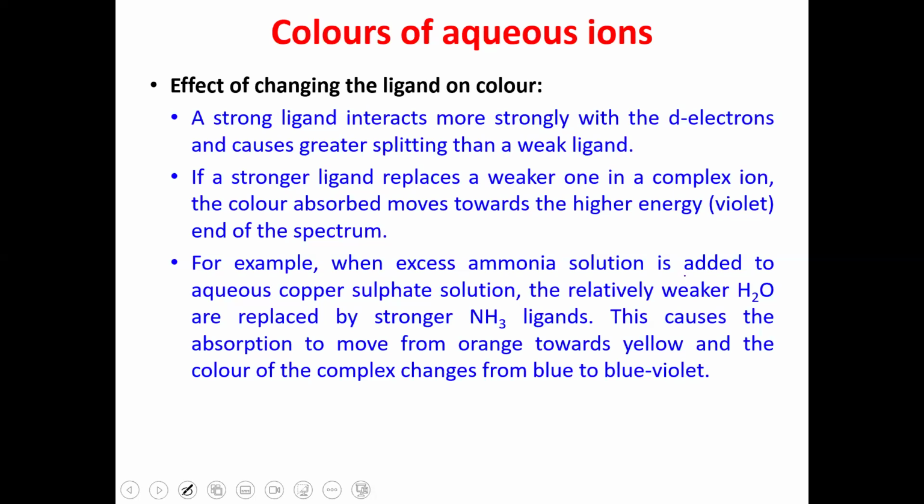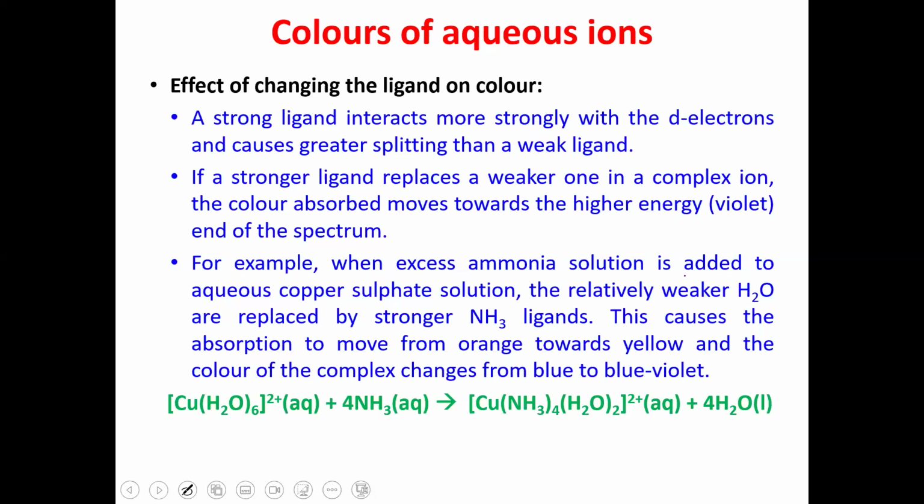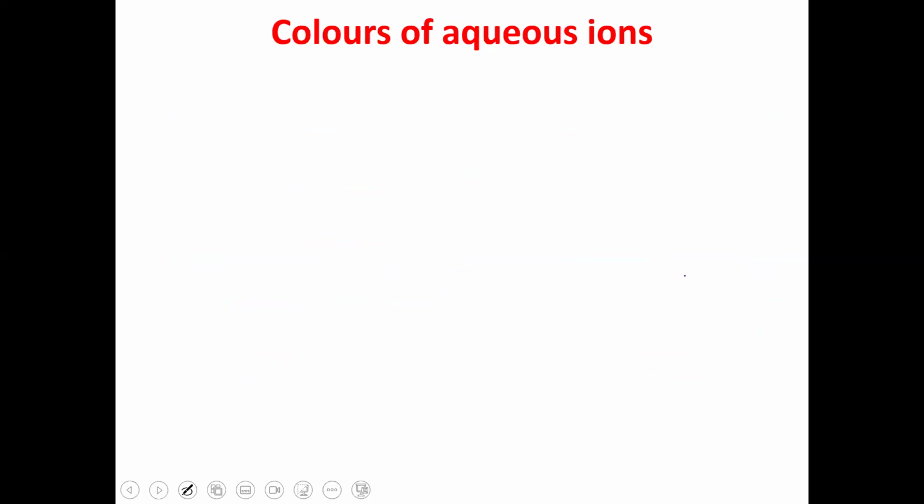This causes the absorption to move from orange towards yellow, and the color of the complex changes from blue to blue violet. Look at this color change: ammonia is replacing the water molecule, and this is ligand substitution. Again, the syllabus wants people to memorize some of the colors here.